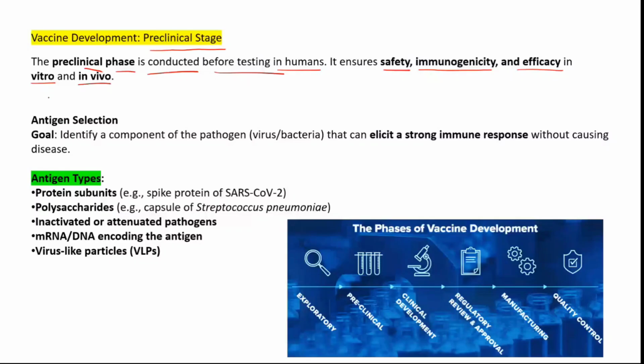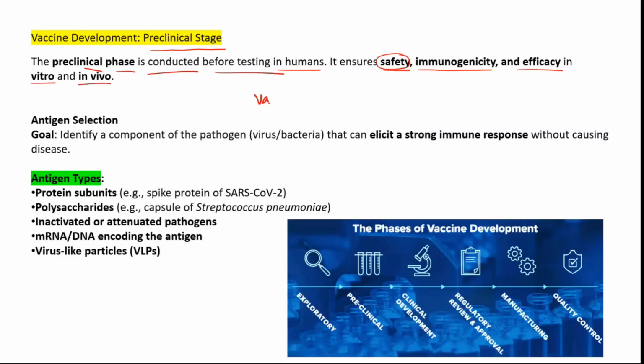The preclinical phase is the most important, the crucial one. Without going through the preclinical phase, you cannot jump directly to a human trial, because it all depends on the safety of the drug, and whether it is immunogenic or not. Immunogenicity means whether it is able to generate an immune response in a human body or not. Suppose you have developed a vaccine.